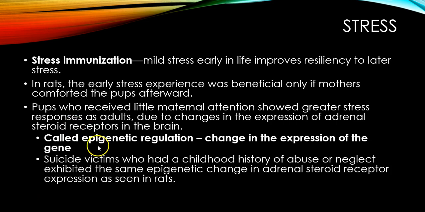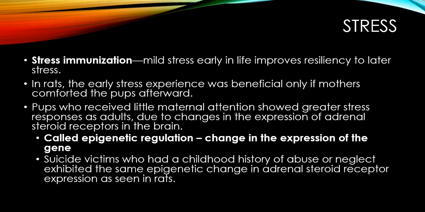We call this epigenetic regulation, where we actually see a change in the expression of a gene. And it's seen that suicide victims who had a childhood history of abuse or neglect exhibited these same epigenetic changes in adrenal steroid receptors as seen in the rats.